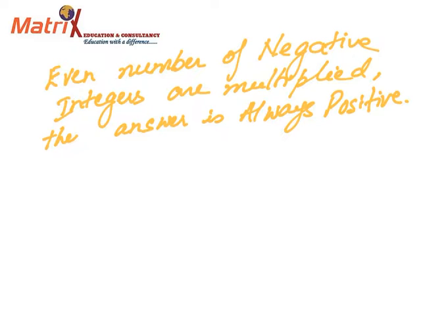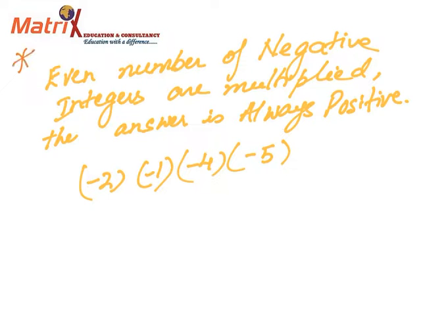Now, I have negative 2, negative 1, negative 4, negative 5. They are being multiplied. Now don't get confused. I repeat my rule, okay? This rule is really going to help you all. It says even numbers. I am not talking about the even digits.